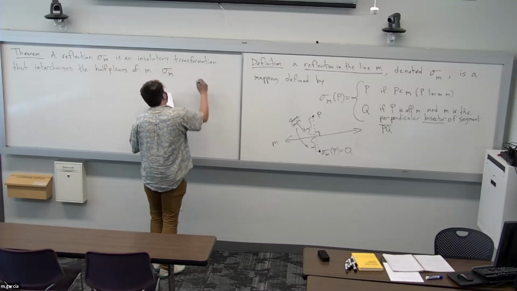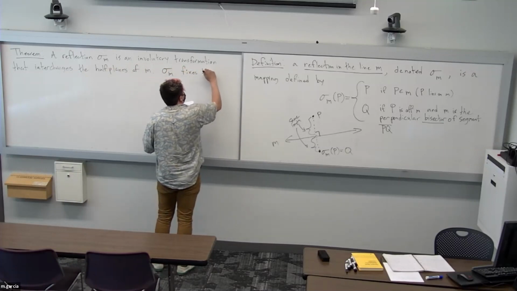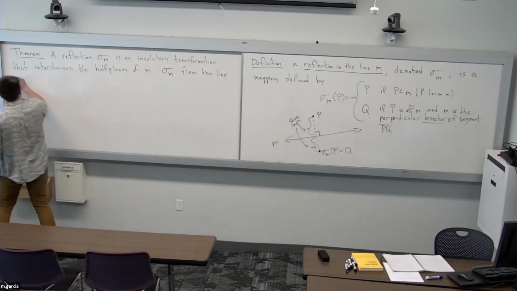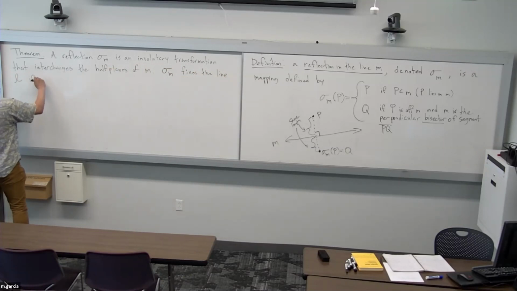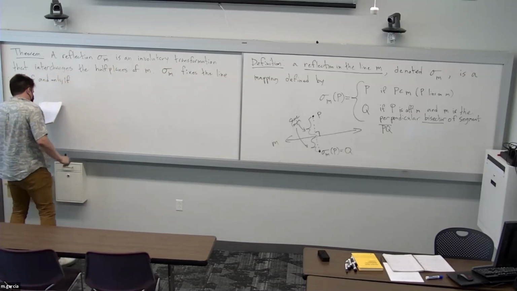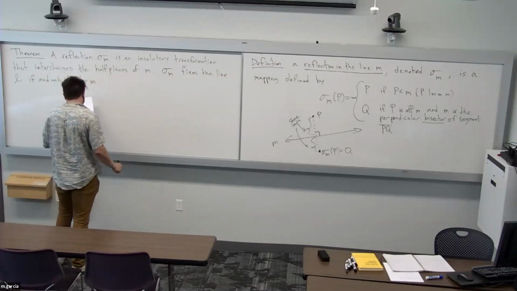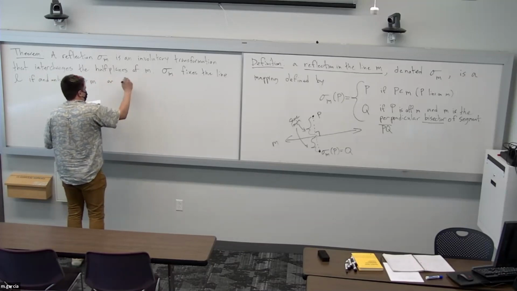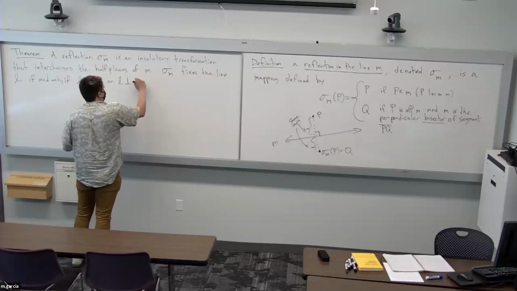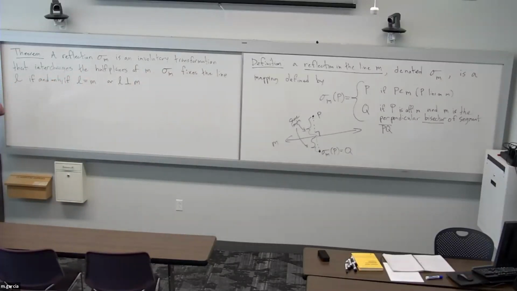Sigma M fixes the line L if and only if L is equal to M, or L is perpendicular to M. Okay, so a couple of noteworthy things here.